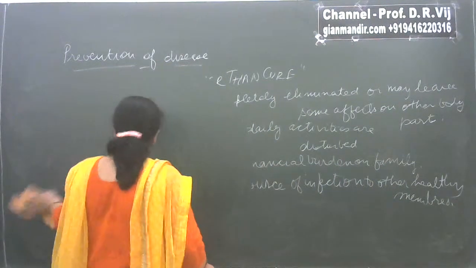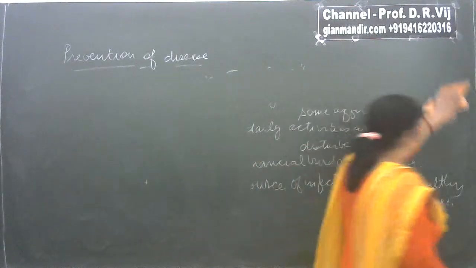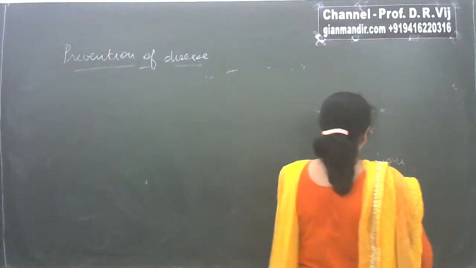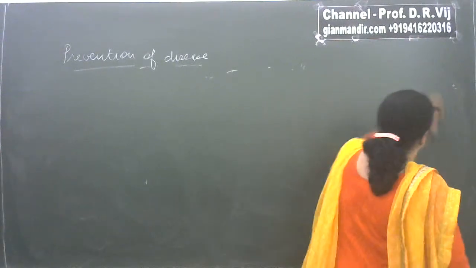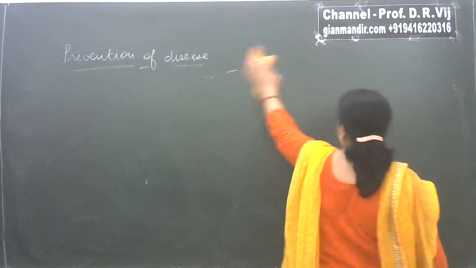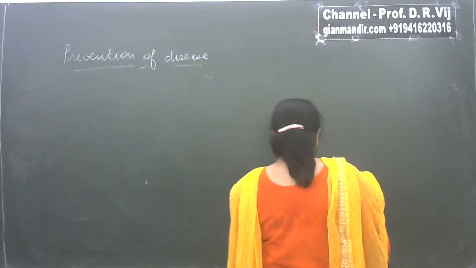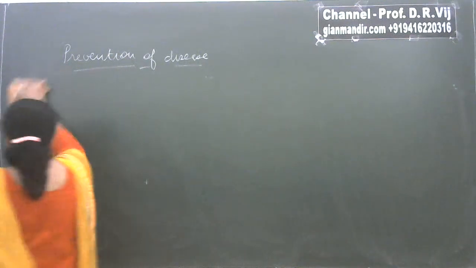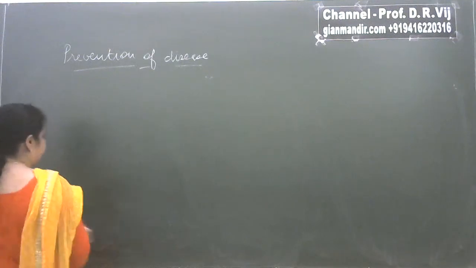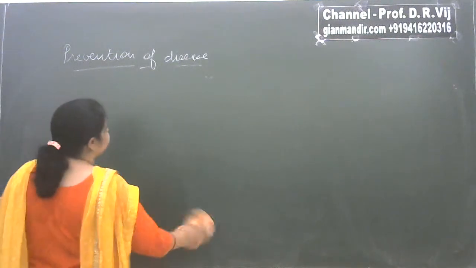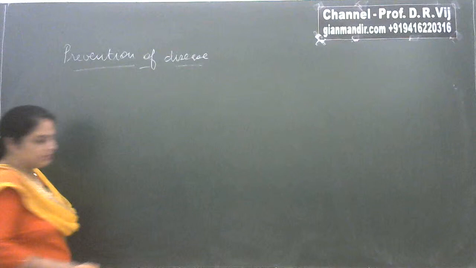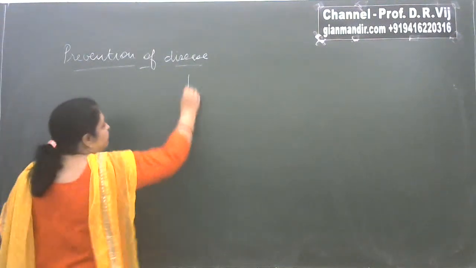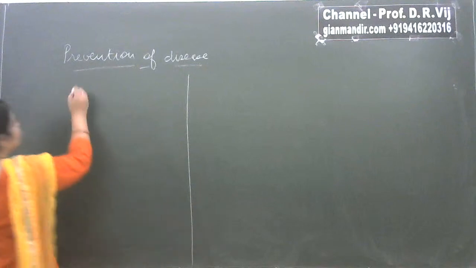One is known as the general method of prevention, and the other is known as the specific method of prevention. In the general method of prevention, we try to develop all good healthy activities which make our immune system strong so that it is capable of fighting the pathogens easily and we don't have any disease in future.